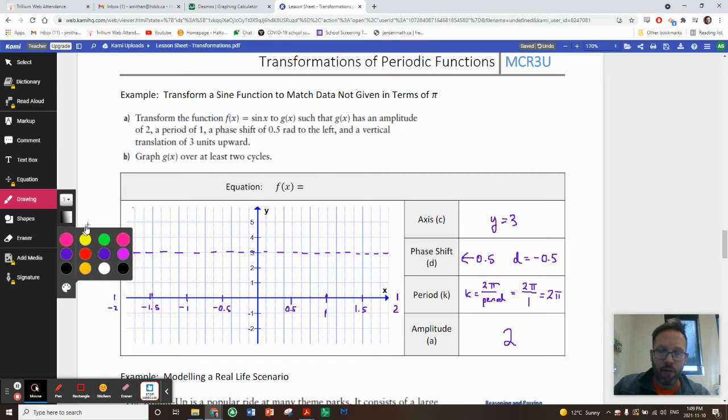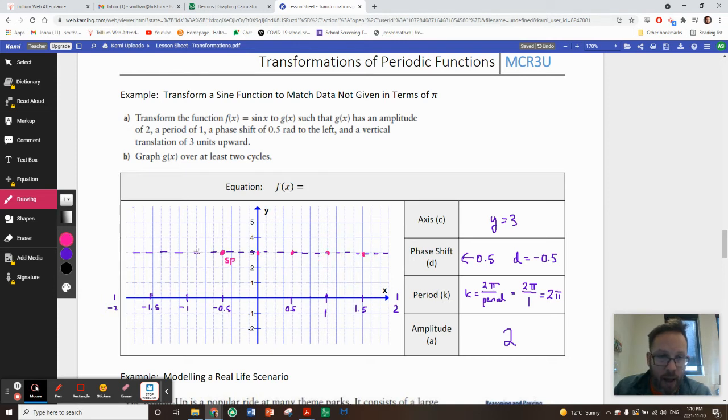So the phase shift is 0.5 radians left, and we know that sine starts on the axis. So there's going to be our starting point. The sine function starts there, goes up, comes back down, and hits the axis every half a period. Here, our period is 1, so every 0.5 units we will be hitting the axis.